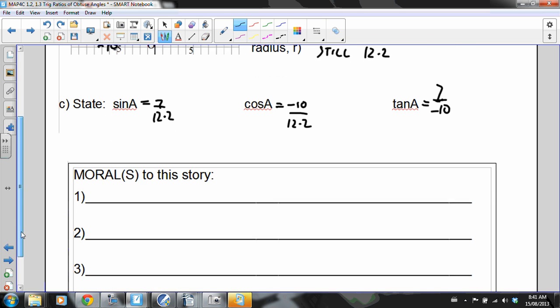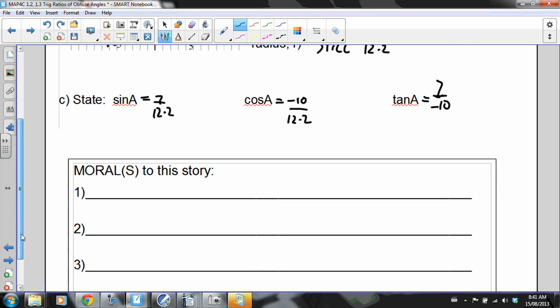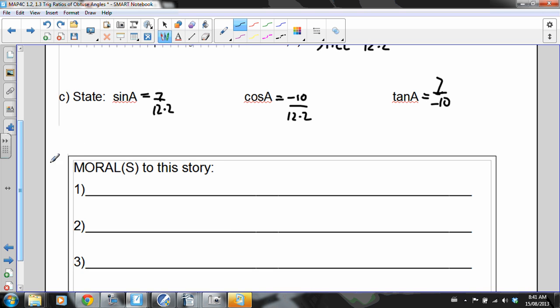Morals to this story. What are we supposed to get out of this? What are the take-home points? Well, there's a few things.